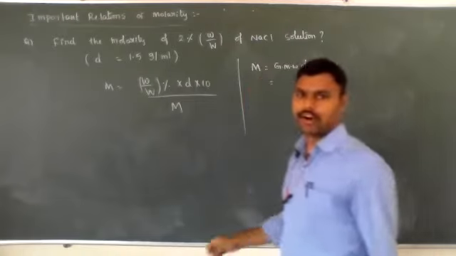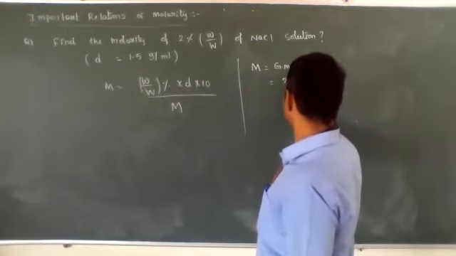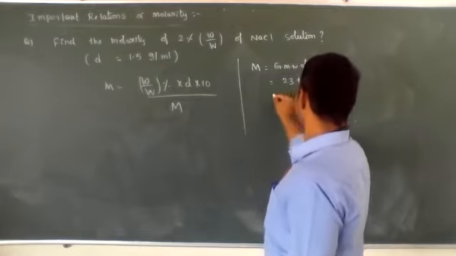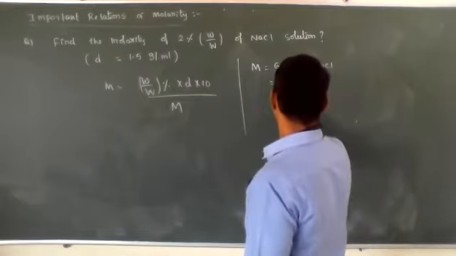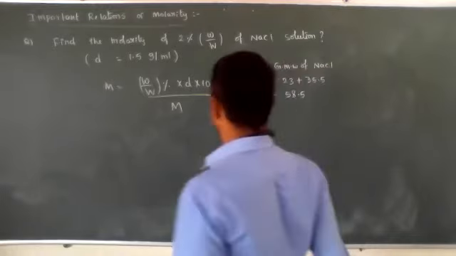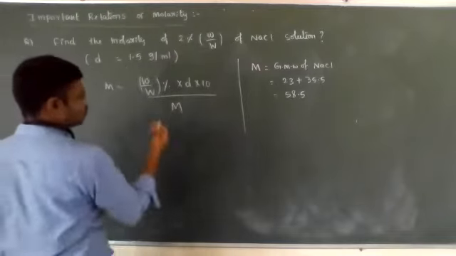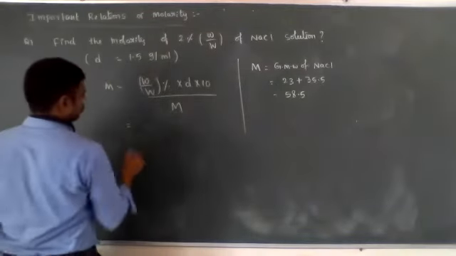NaCl gram molecular weight how much? Sodium 23 plus chloride ions 35.5. Then we are getting 58.5. Then W by W value you know, density you know. Just to substitute, then we will get answer.